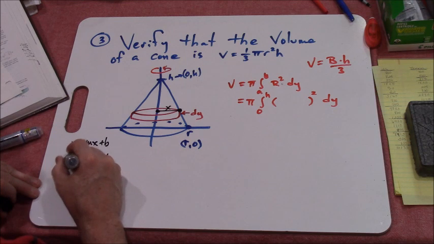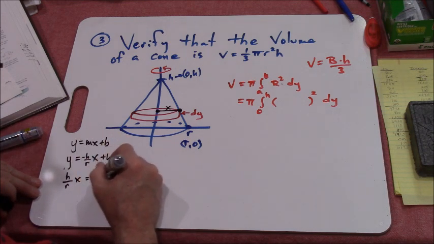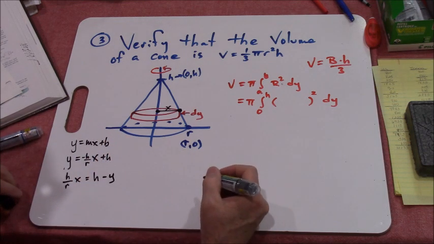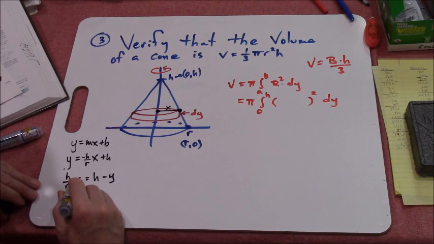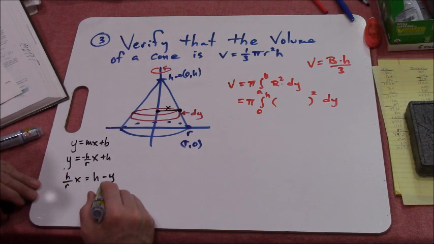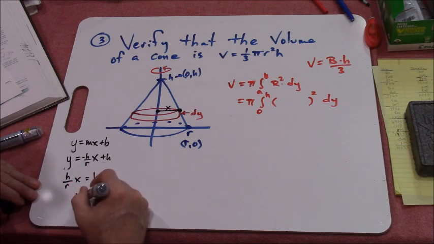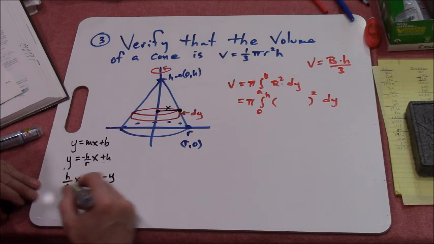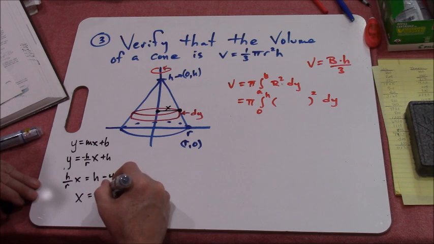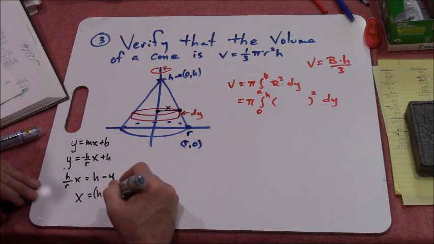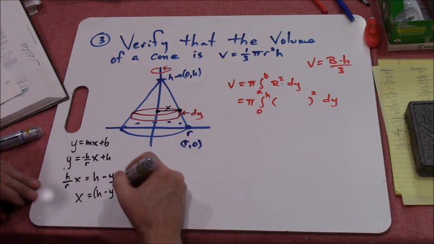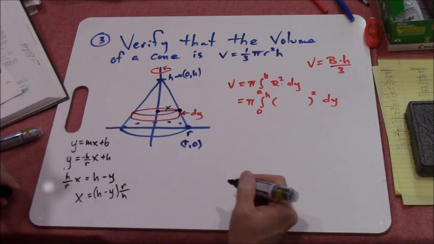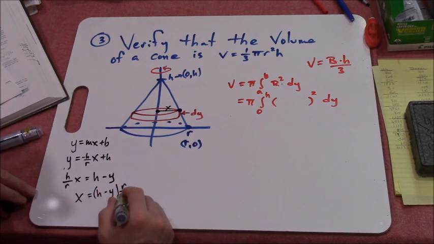I'll move the y back over here so that it becomes negative, so I've got h minus y. And then to get x by itself, I just have to move this fraction over and divide. And to divide by a fraction, you really multiply by the reciprocal. So h minus y times, flip it over and multiply, r over h. There's what x is equal to.